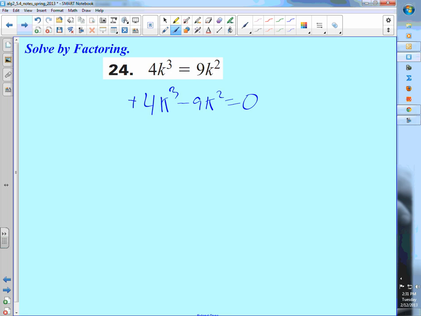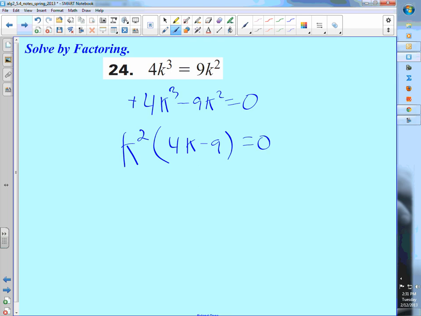So now we go back to what Christian suggested. What'd you say? Which is k squared. If we pull the k squared out, you'd be left with 4k minus 9 equals 0.